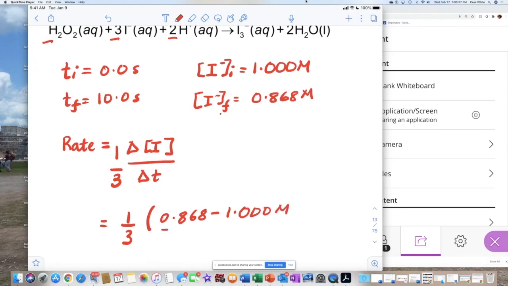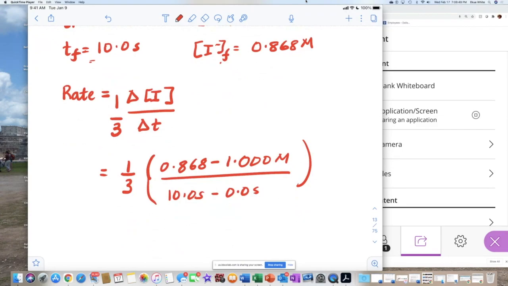Remember, this is M over the final time, 10.0 seconds minus 0.0. This is seconds, right? I mean, you can put the M both sides if you want to. Let me be consistent. It's the small things. Okay, there.